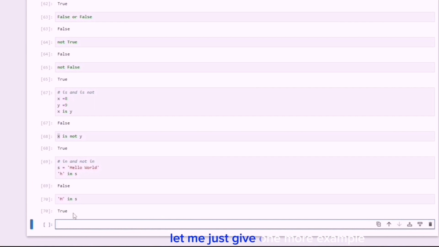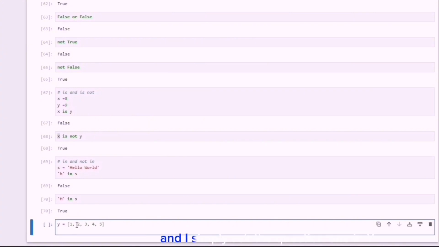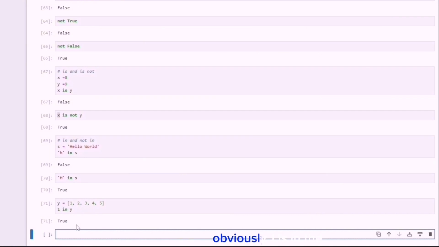Okay, let me just give one more example. Assuming I have y, and y is a list of numbers: 1, 2, 3, 4, 5. I simply ask the question 1 in y. Obviously 1 is in the above numbers.